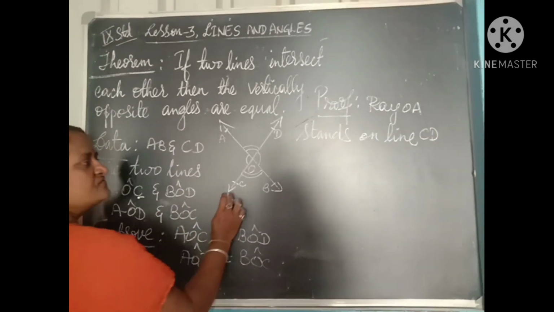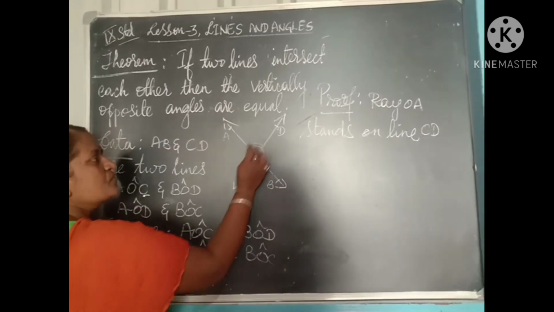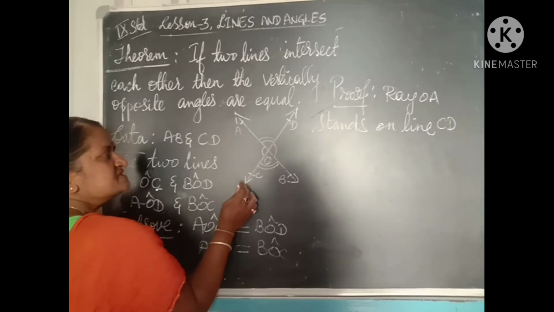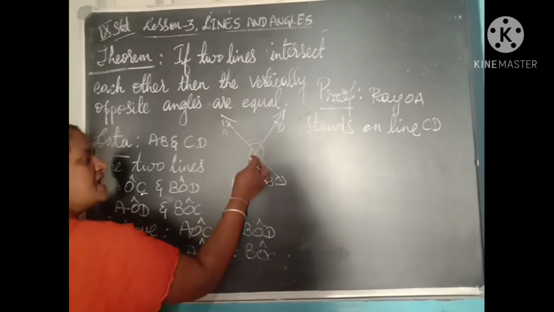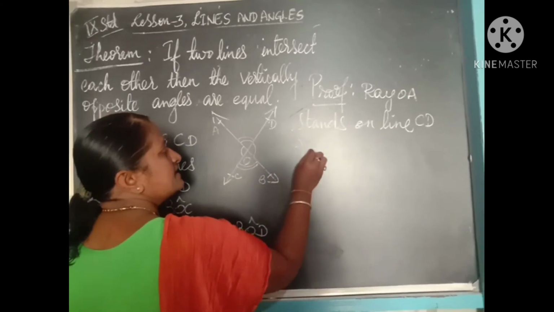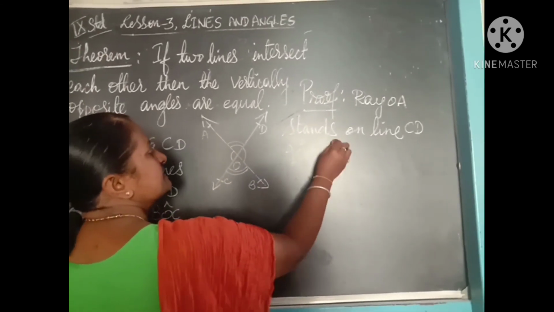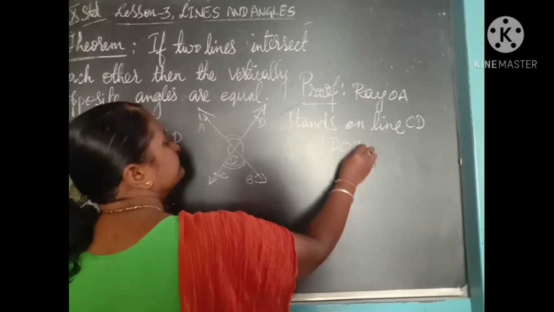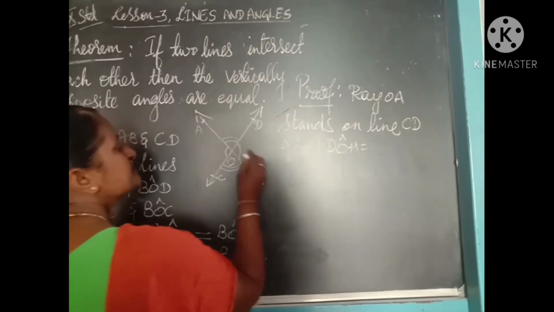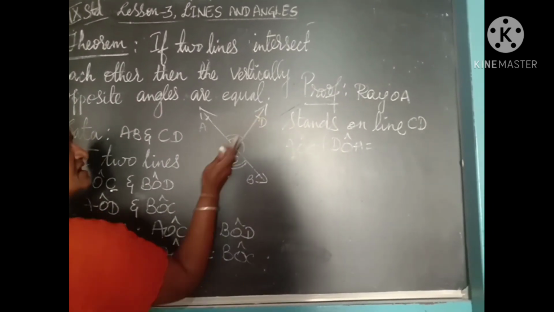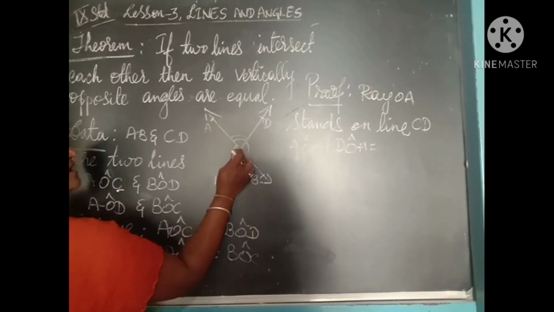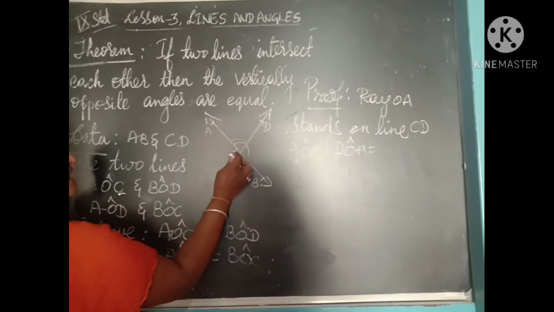So we form, that means we get here two angles. Which are the two angles? Angle AOC plus angle DOA is equal to what? Just observe here. This is a line, and on this line one common arm is standing, that is, the ray is standing.